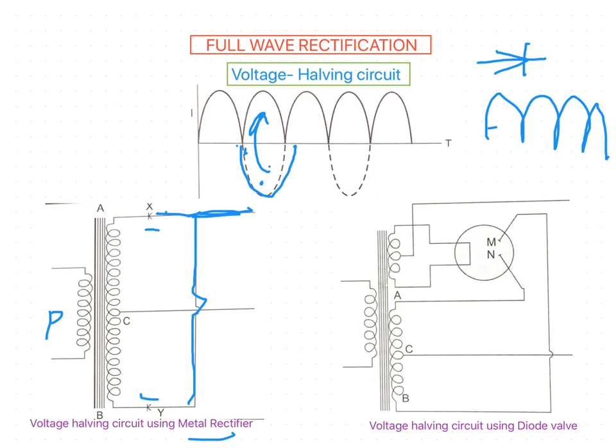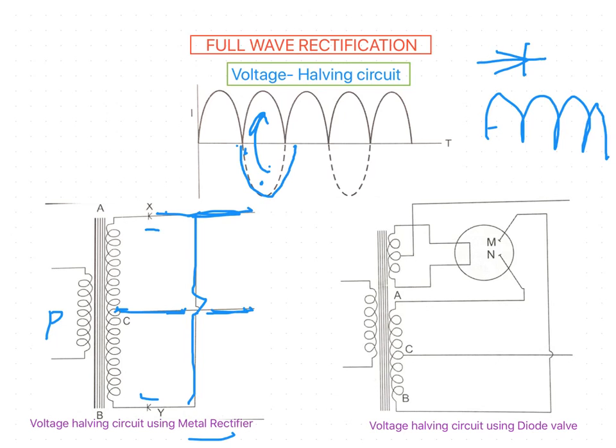The center of the secondary coil is connected to the other lead of the output circuit.